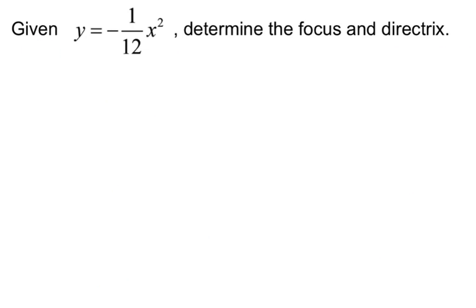Here, we're given a parabola. And of course, we know it's a parabola right now because we are in the parabola section. But as we move forward and we encounter these different types of conics, we need to be able to determine which type of conic it is that we're looking at.